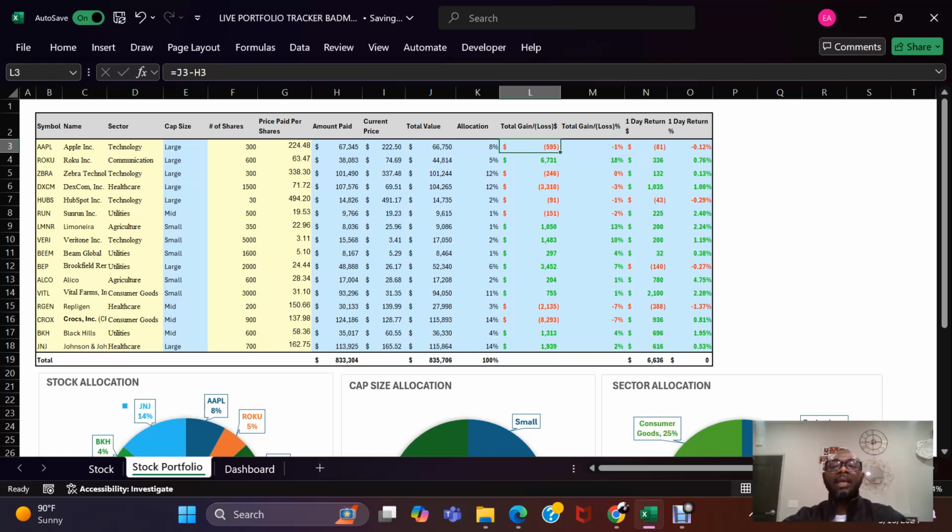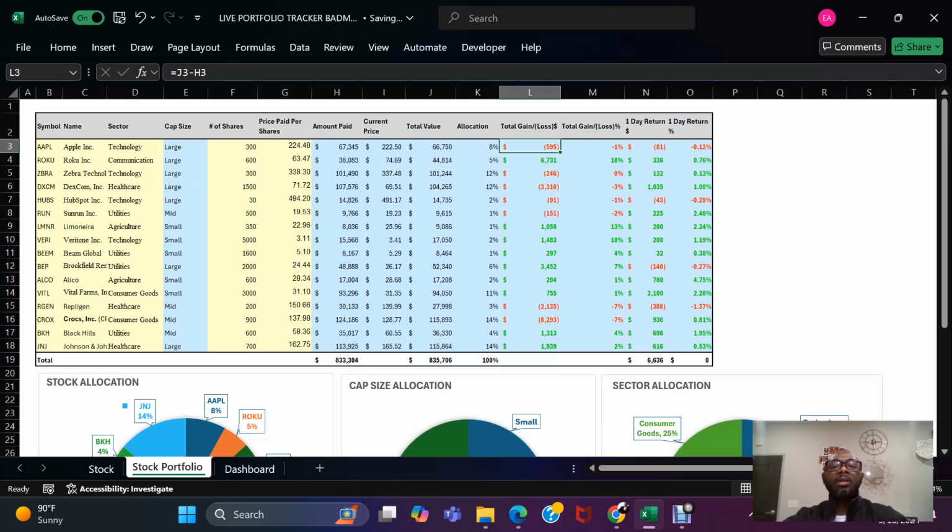Then we have price gain or price loss, which is the value we currently have of the stock compared to the amount that we paid. If the amount that we paid is higher than the current value, it means we are making a loss on that stock.